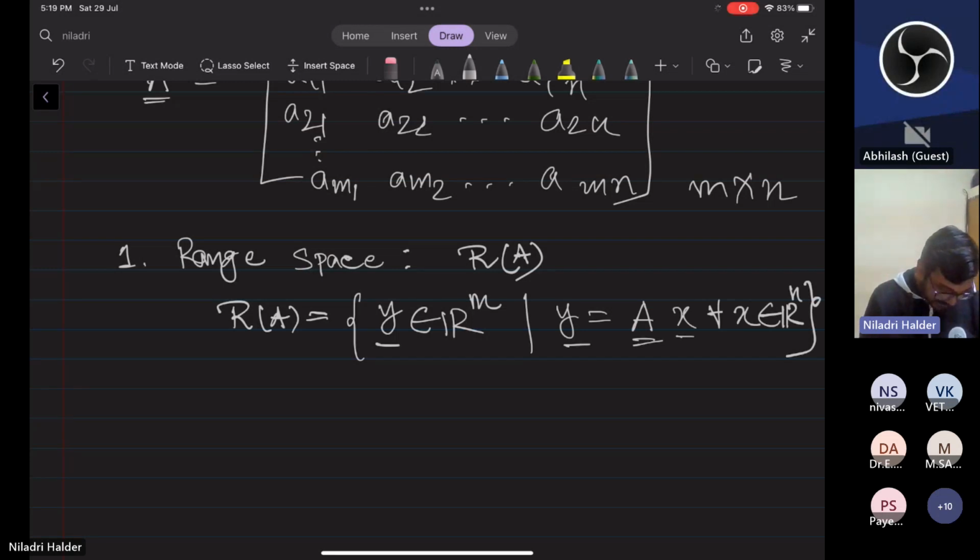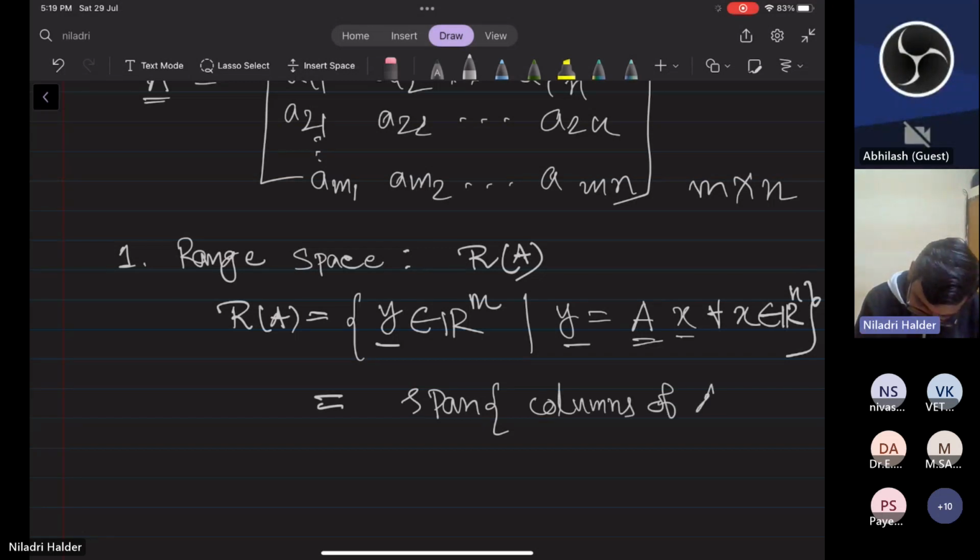This is the definition of a range space. That is the mathematical definition, and we can write it as the span of the columns of A.